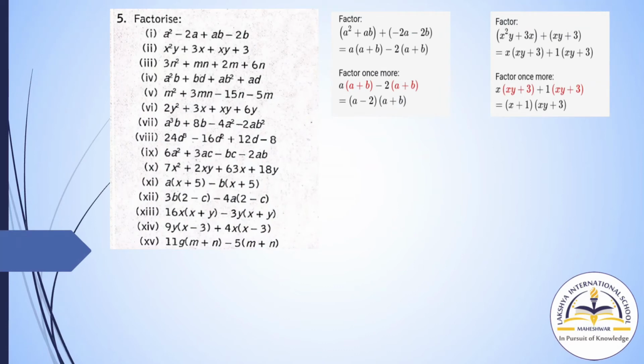Now question number 5, question number first, a square minus 2a plus ab minus 2b.